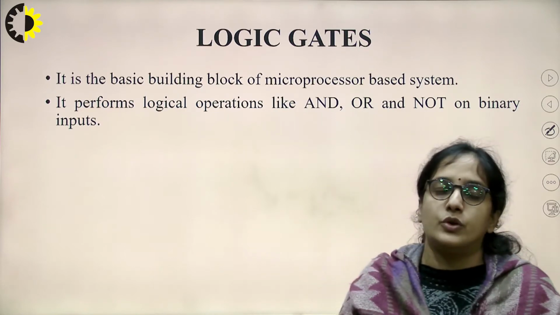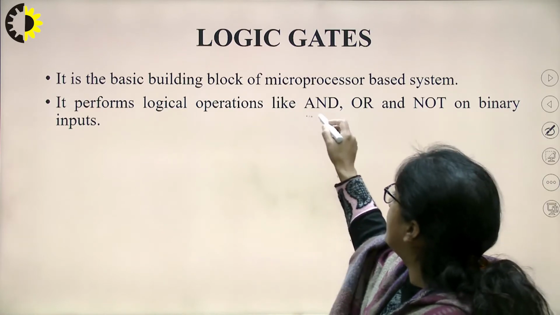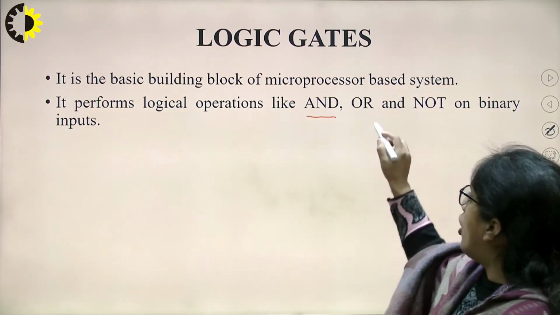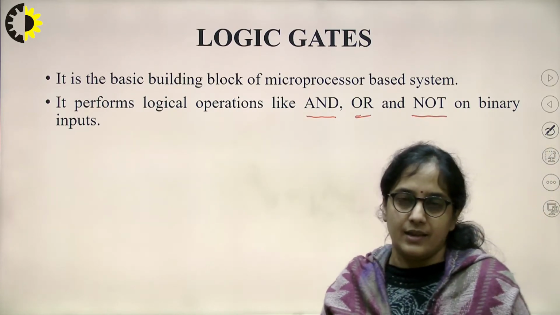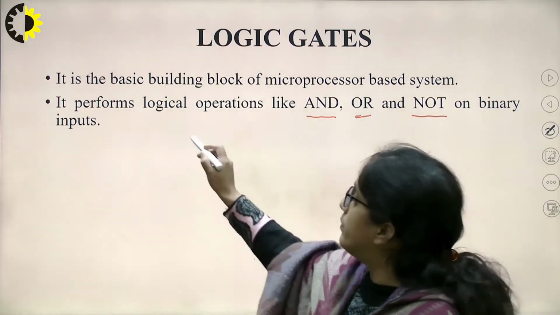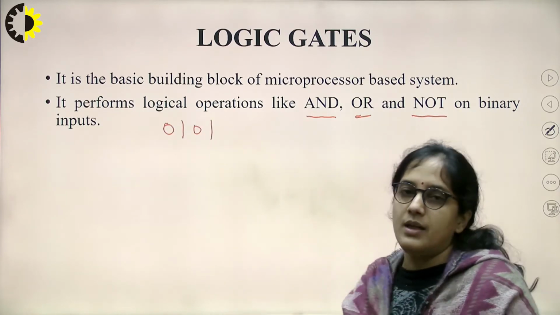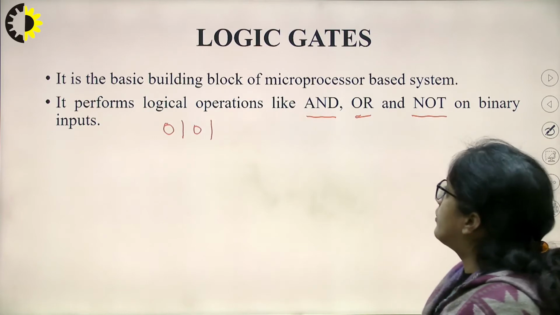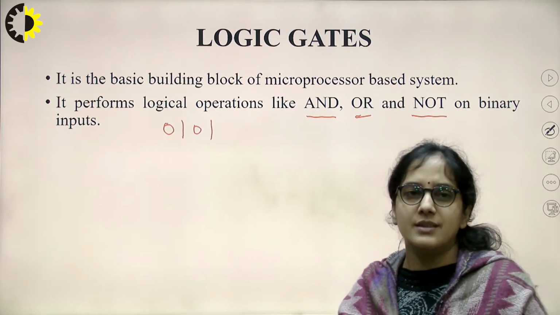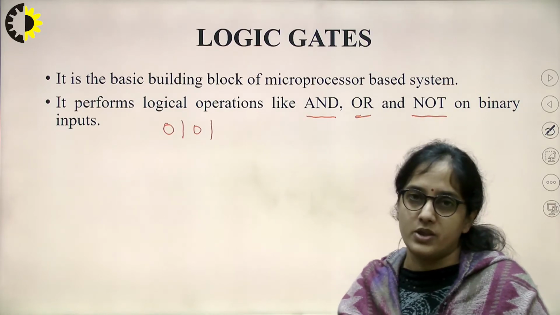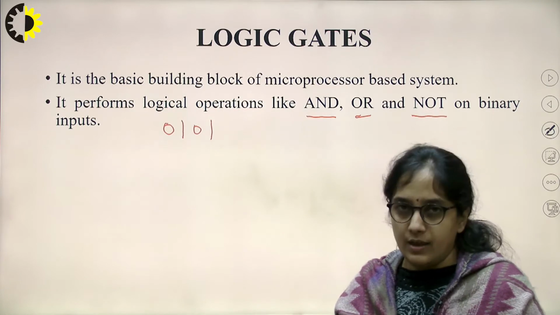A logic gate performs logical operations like ANDing, ORing and NOT operation on binary data. We already discussed that binary input means the input is 0 1 0 1. These are the basic logical operations that are performed on binary input.